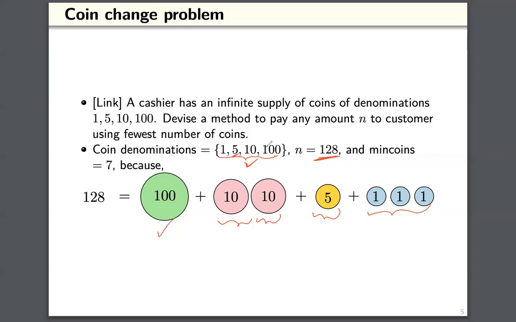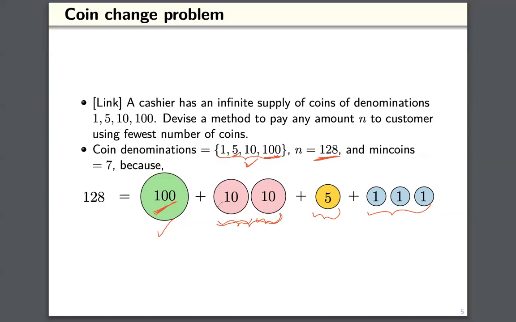You see that 128 is greater than 100, so remove from 128 the maximum copies of 100. Then take the difference, 28. Remove maximum copies of 10 from 28, and so on.